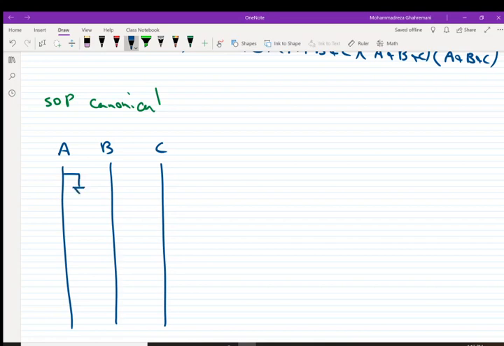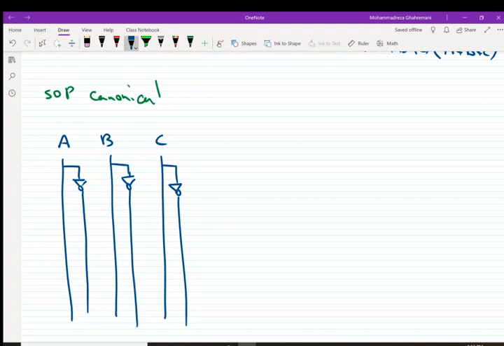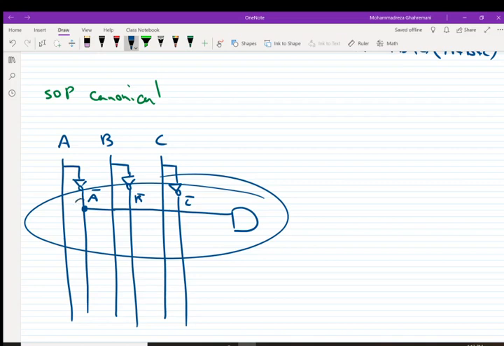Of course, we need the complement of these variables as well, so let's have the complement of these variables. Here we have C bar, here we have B bar, and here we have A bar. We put an AND gate here, which gets A bar. Don't forget these small circles to indicate the connections. If you see these wires, it's only connected to this line, not the other lines.